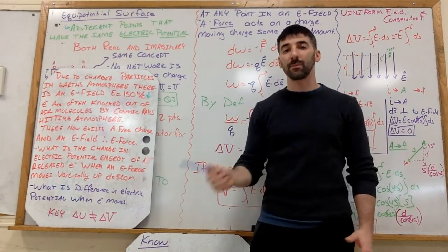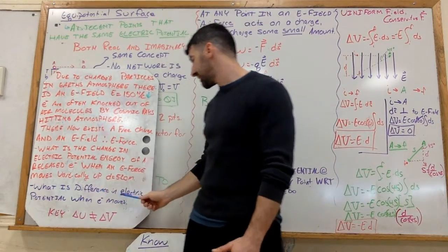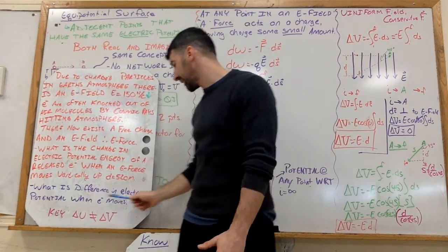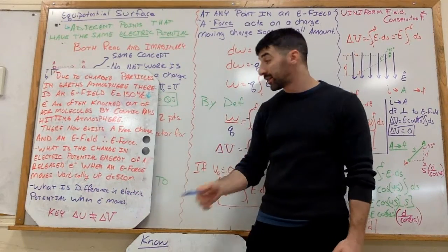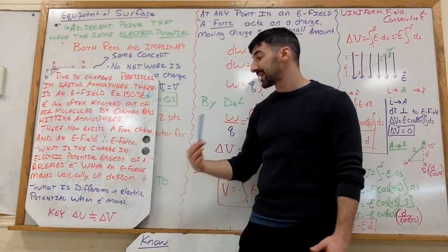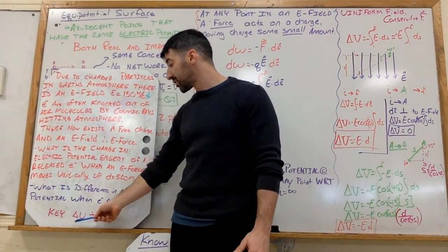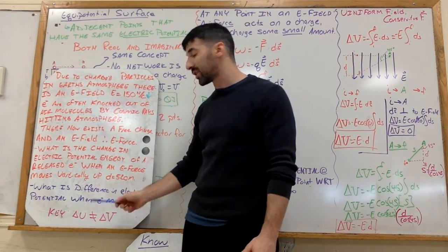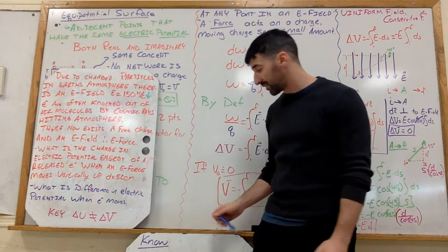The second thing I'm looking for, what is the difference in the electric potential when the electron moves? The key to this, both questions again sound the same, but remember, electric potential energy and electric potential are two different things, so I'm looking for both of those things.